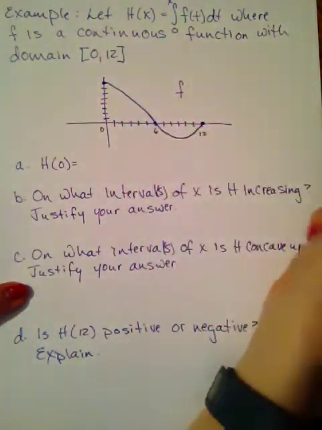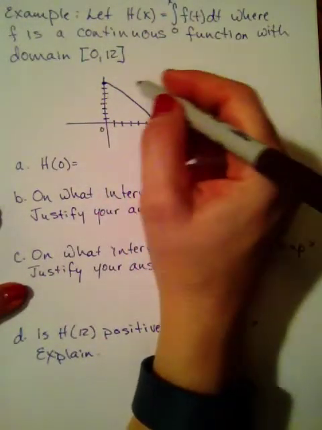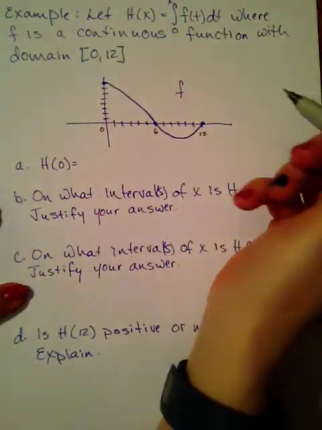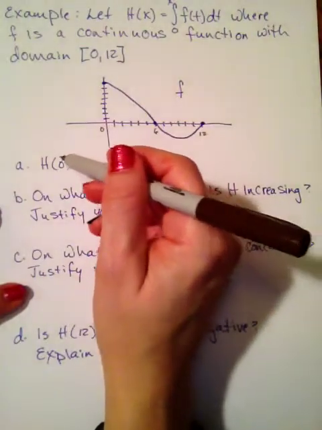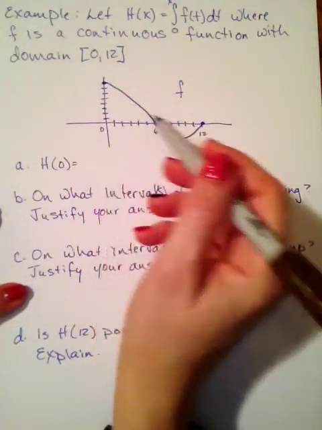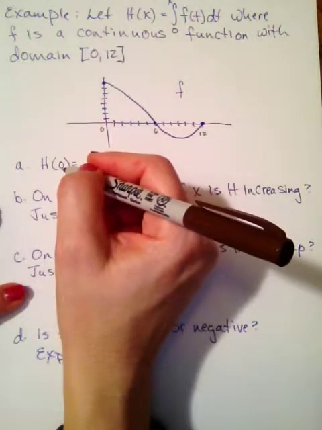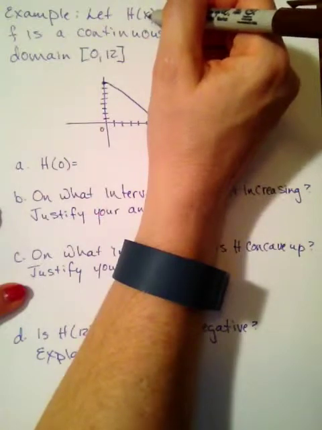X equals 6. It's also important to note that you weren't given the actual equation, and it's not something geometric that you can just find an easy area of. So this is a different kind of question. Sometimes students think, well, how am I supposed to find h of anything if I can't find the area? But look what they actually asked you for. H of 0 means h of x, this x gets replaced with 0.